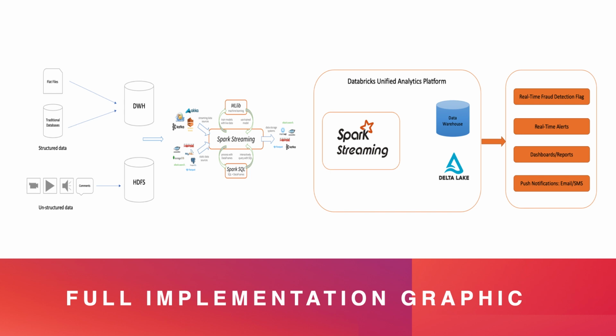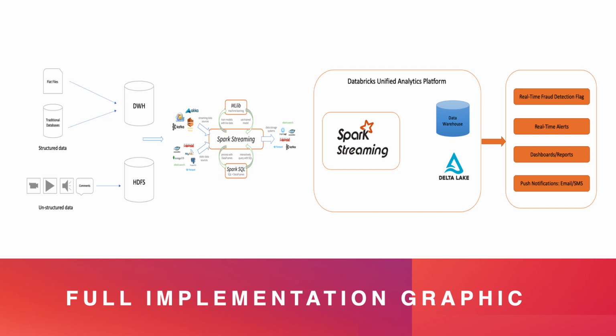And some examples of the machine learning algorithms that we can use: for example, to detect unusual billing patterns, we can use anomaly detection algorithms like clustering, regression, classification. And these algorithms can identify unusual patterns in the data that may indicate any kind of fraud activities.